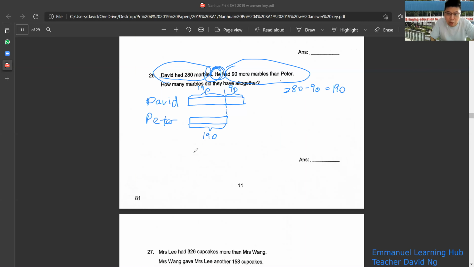Okay, now you tell me how much do they have altogether? You tell me the method to do. 280 plus 190. Very good.